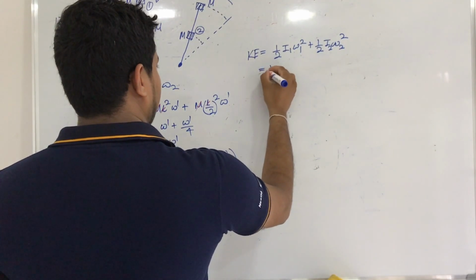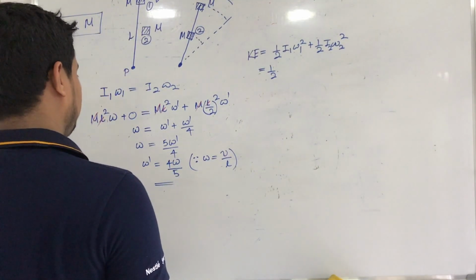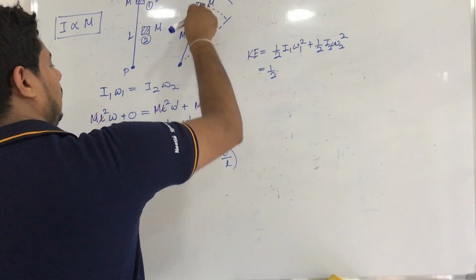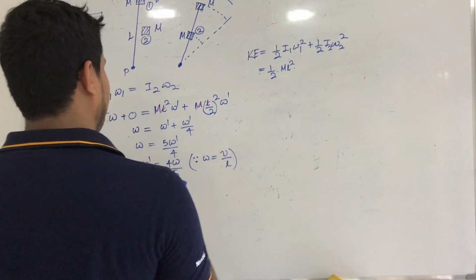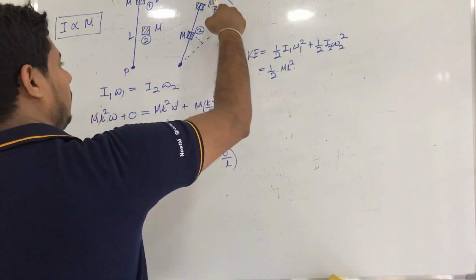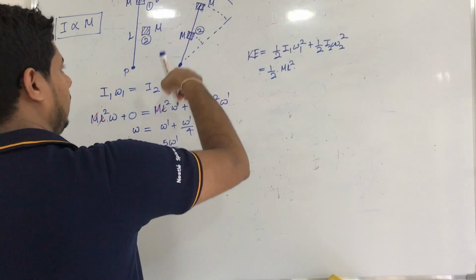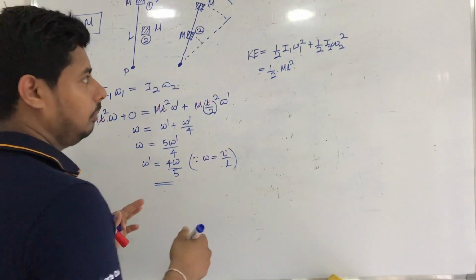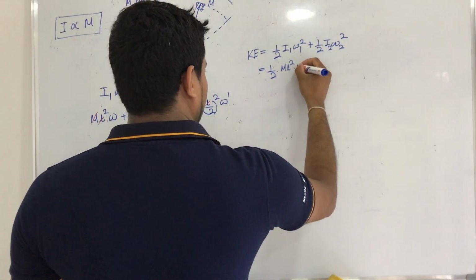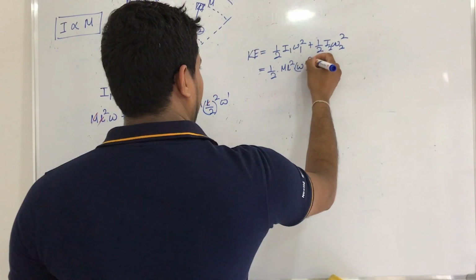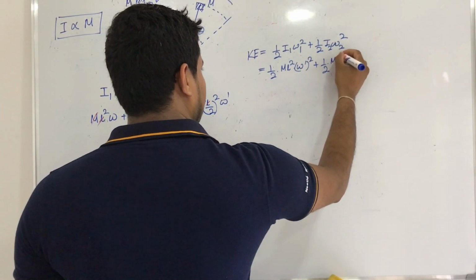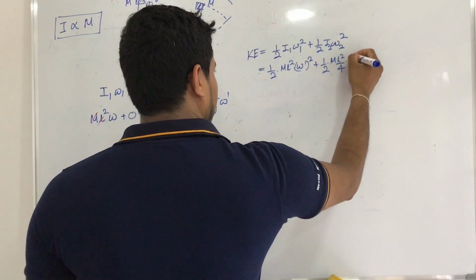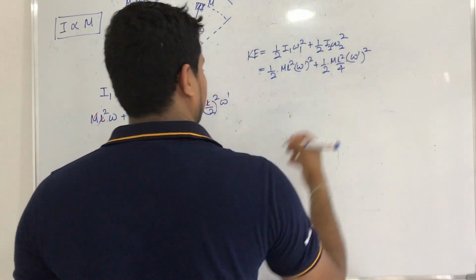For I1, that is m L square times omega dash square, because both the angular velocities are now the same, plus half I2, which is m L squared over 4 times omega dash square.